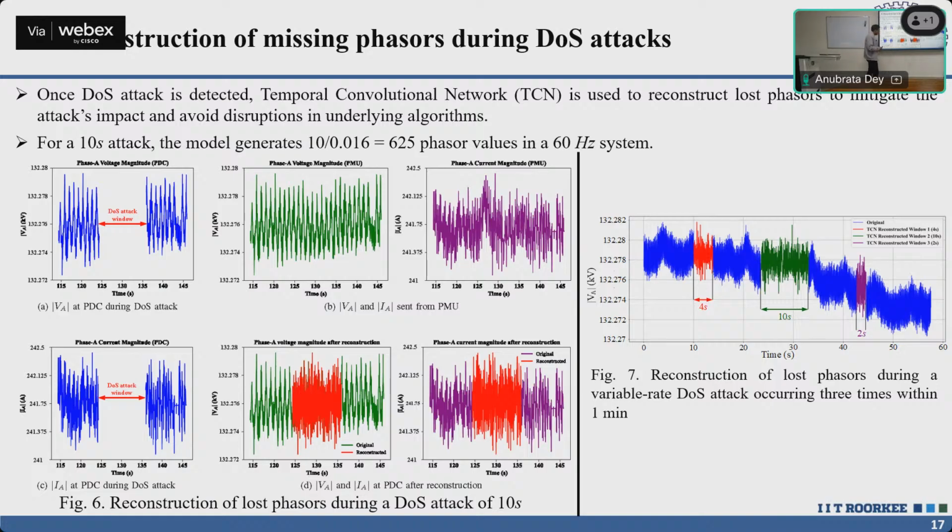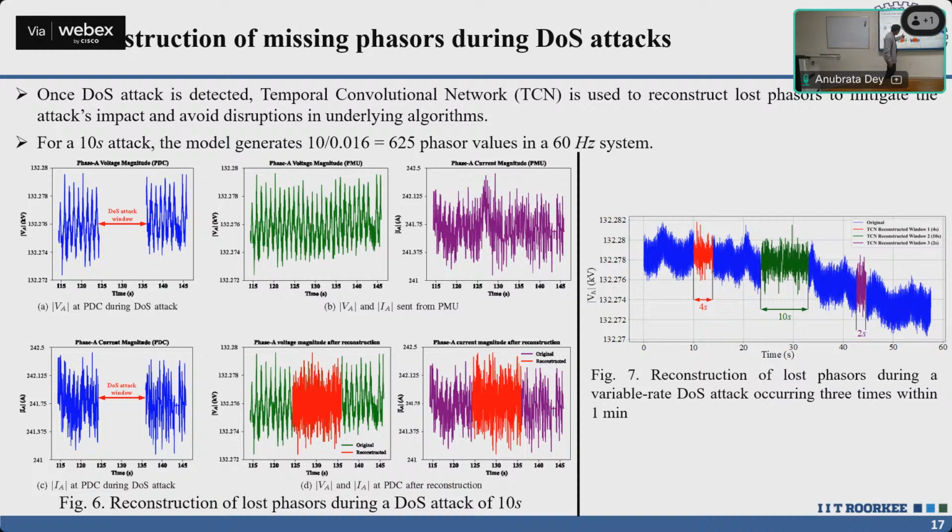Now, you can see in this first waveform, at the PDC level, because of the DOS attack, this many phasors for a period of, let's say, 10 seconds were not available. This is your voltage magnitude part.